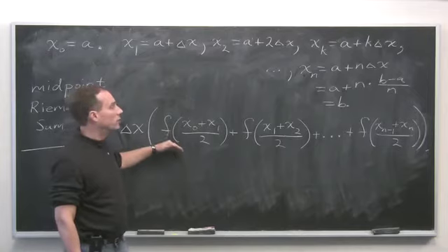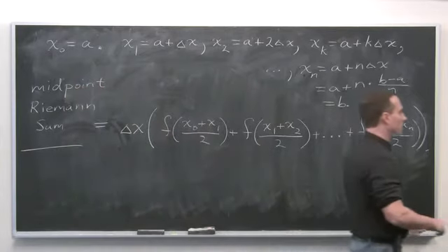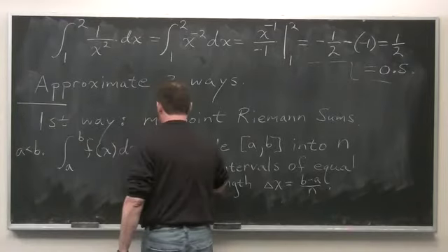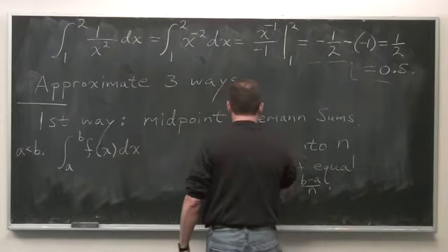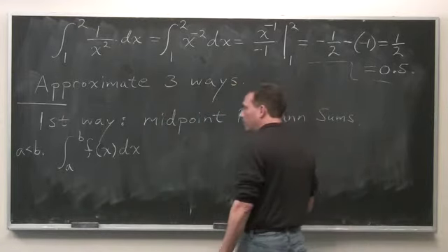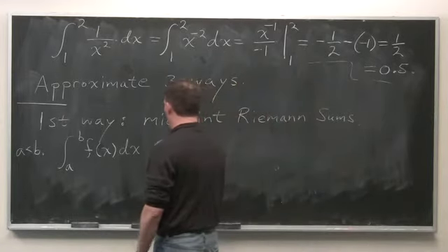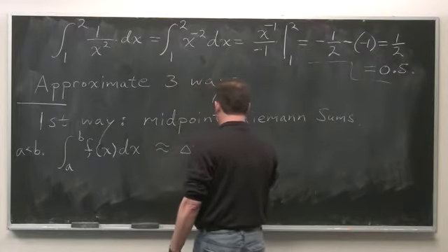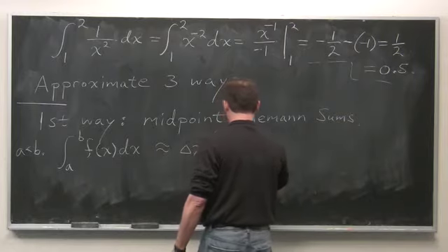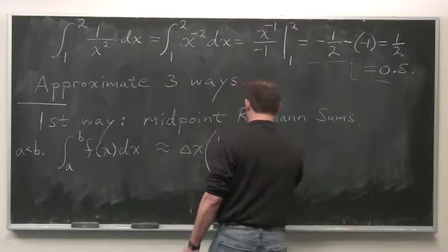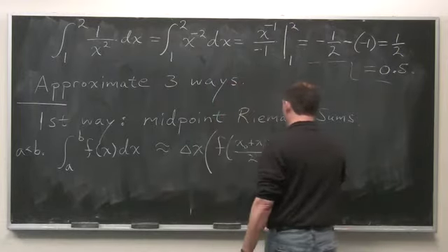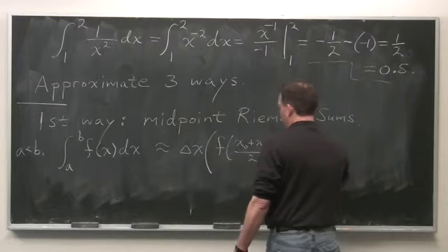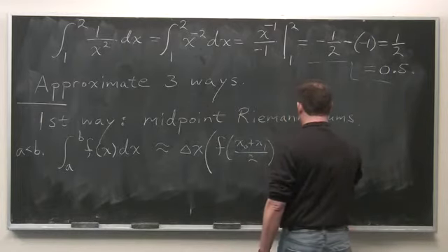So what I'm saying is we can use this as an approximation to an integral, right? I mean, it's a Riemann sum. The integral is a limit of Riemann sums. So we expect the integral to be approximately the value of this midpoint Riemann sum. What does approximately mean? Well, it means approximately.